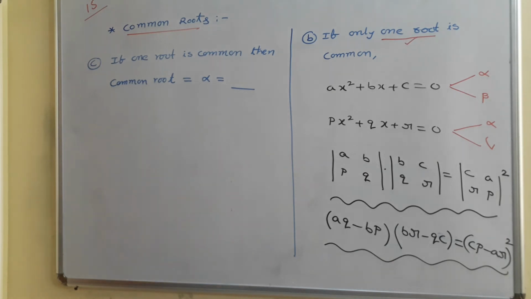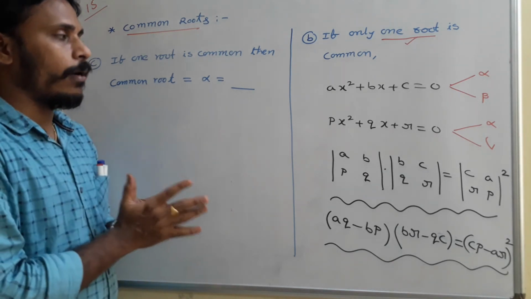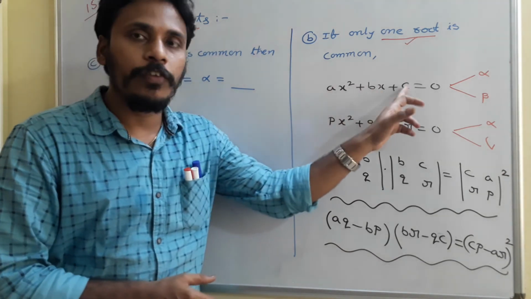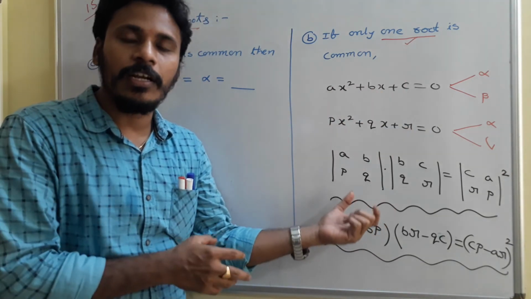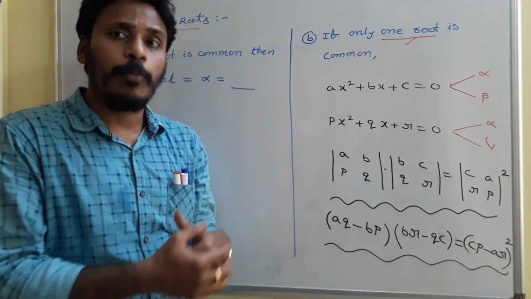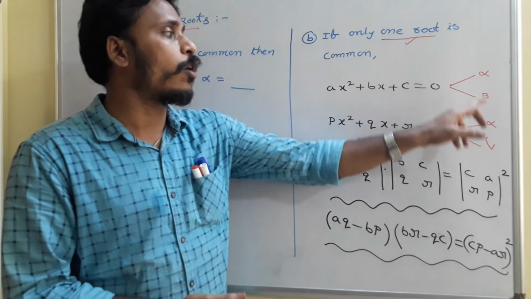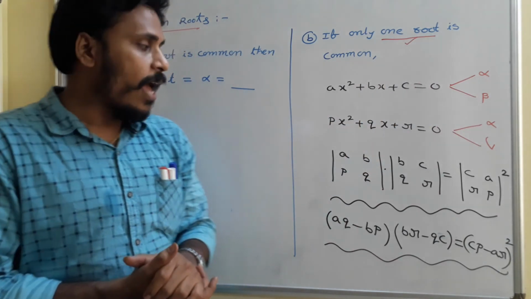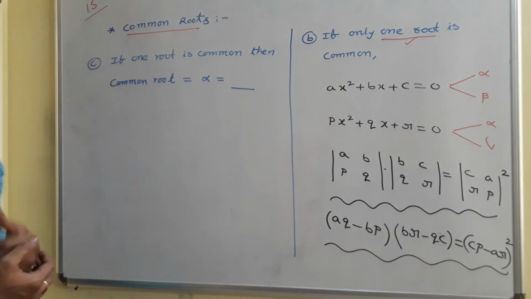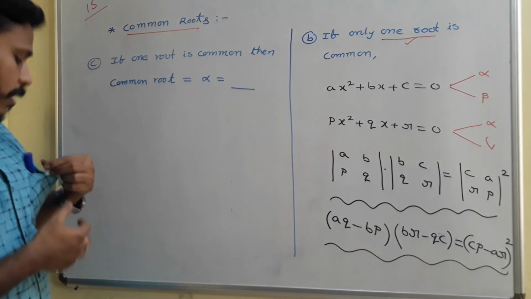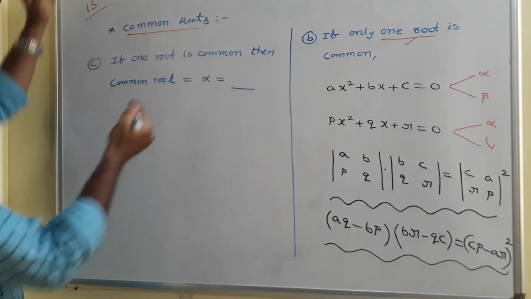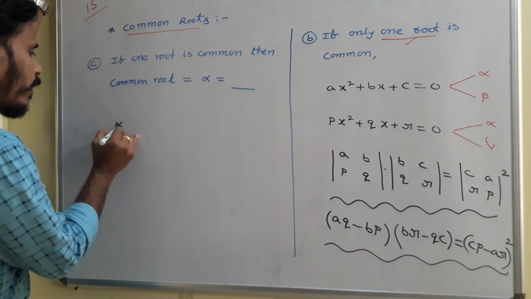So, if two equations have one root common, then the relation on the coefficients is this. This is just a relation on the coefficients. So, if the problem asks you to find that common root alpha, how to find it? As we discussed in the previous case, alpha is nothing but y. What do we write there for y?